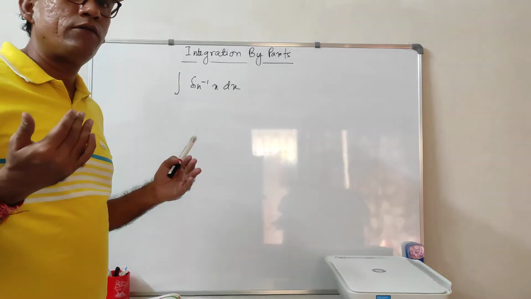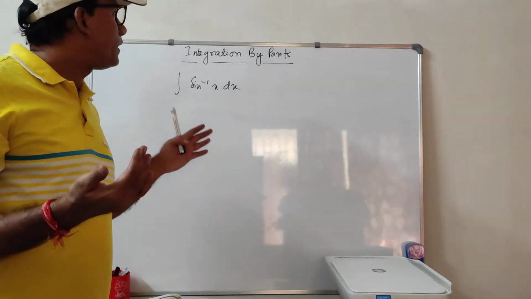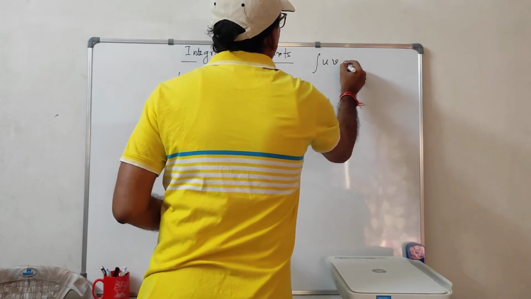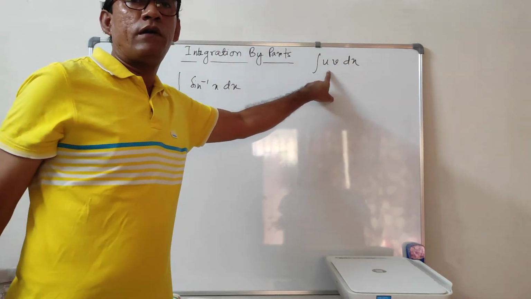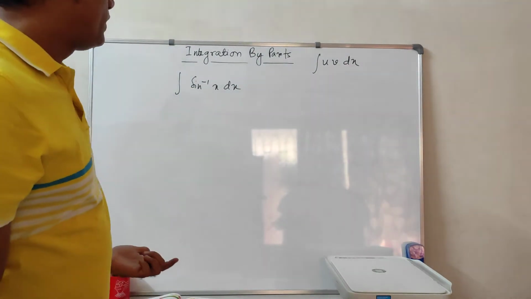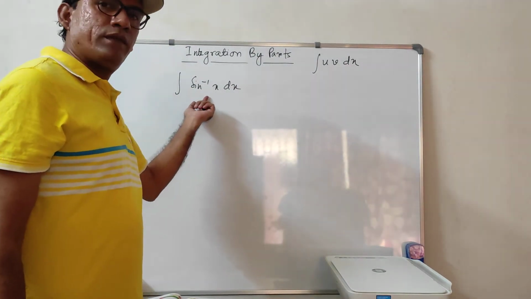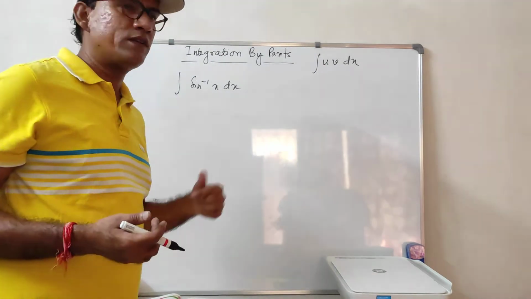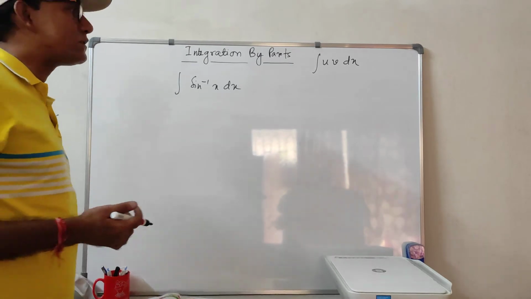So how can we apply integration by parts? For the rule, you have to have two functions, one is u and the other is v. But you can argue that, sir, here only one function is there. How can you apply this rule?